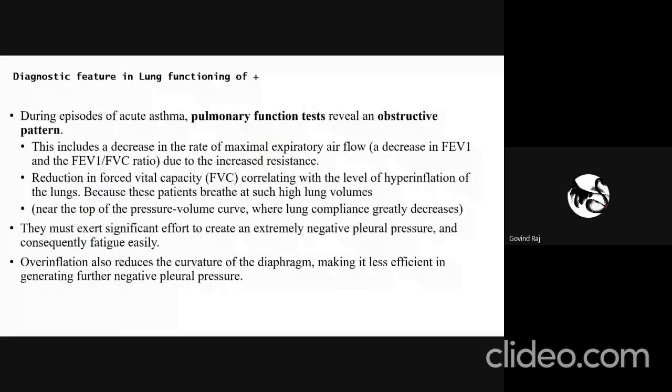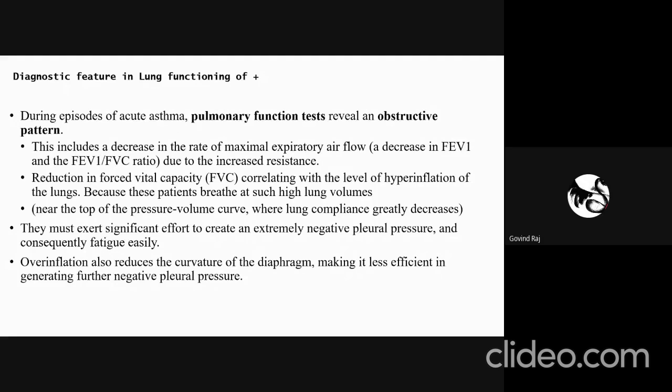Maximal expiratory airflow, that is the FEV1 by FVC ratio, as we said earlier, will decrease due to the resistance, and there is a reduction in forced vital capacity because the patient is not able to breathe normally.